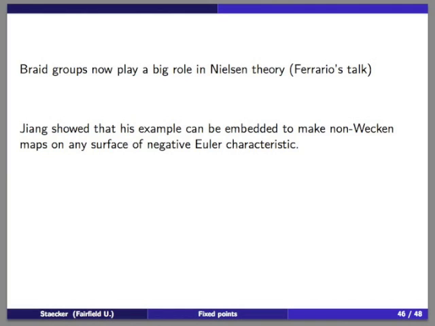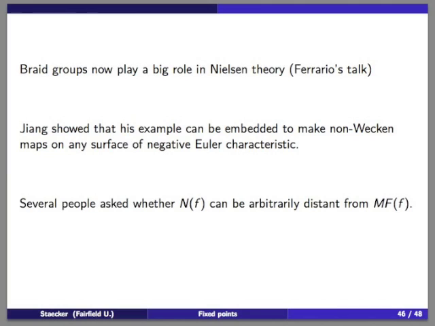So in the second paper, Jiang showed that his example on the pants can actually be embedded to make a non-Wecken map, that is a map with Nielsen number different from the minimum number, in any surface of negative Euler characteristic. So it's not just for that particular surface. Pretty soon after, people asked whether the Nielsen number can be arbitrarily different from the minimum number.